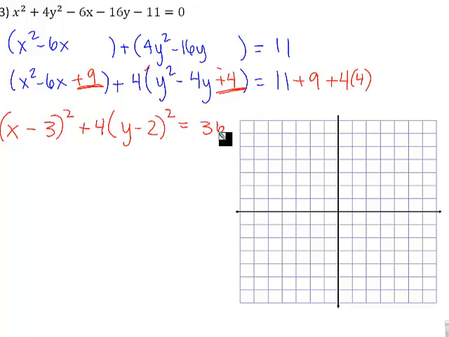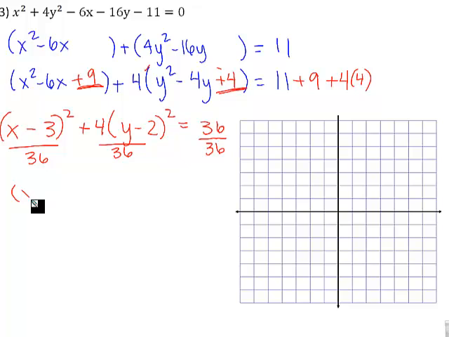Now, in the standard form, what is the equation equal to? It's equal to 1. So how can I make the 36 into a 1? Well, sure, we could subtract 35, but this doesn't have a subtraction over here. Yep, so we can divide by 36, and we'll make sure we do that everywhere.